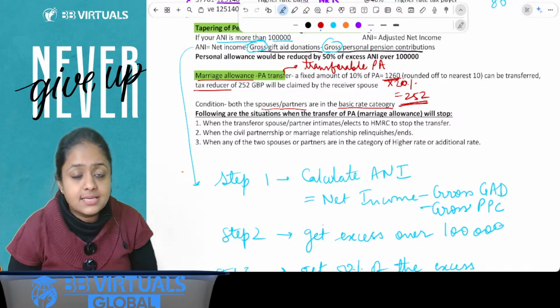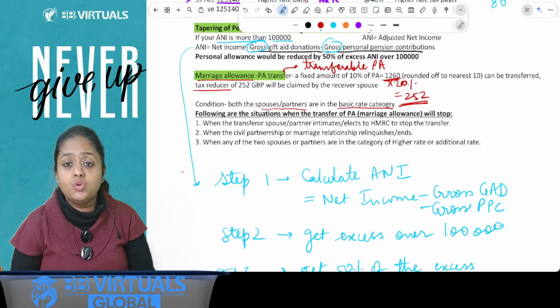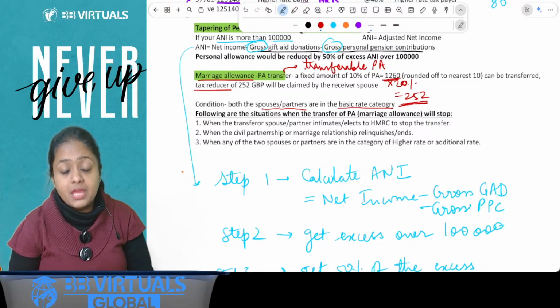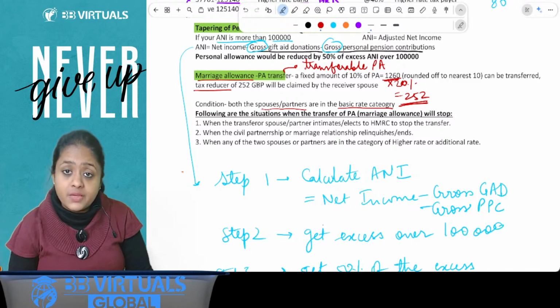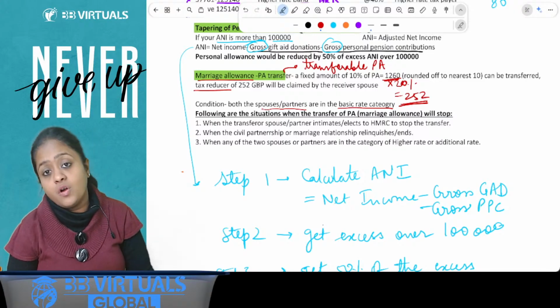This is given as follows: the transferor spouse who's transferring PA will reduce 1260 from his PA, and the transferee spouse who's receiving PA will reduce 252 from the tax calculation as a tax reducer. That's all.